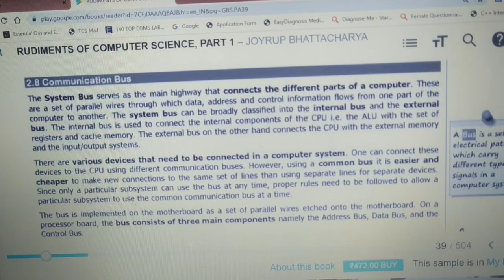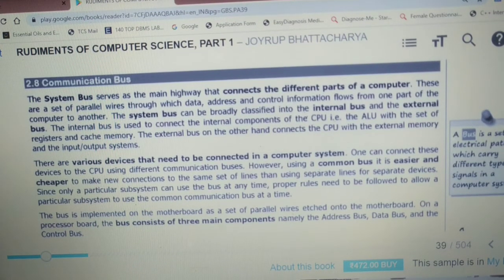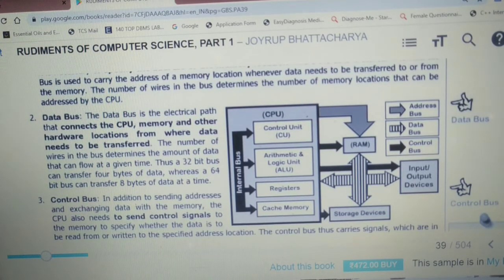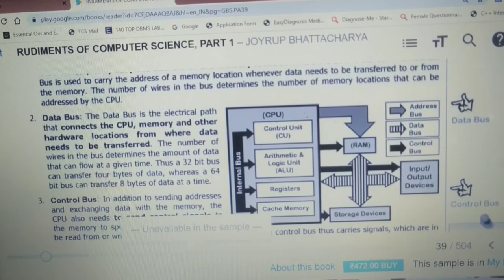Various devices are required actually. Just have a close look at this structure first. From the CPU different buses are connected with the storage device and with the input output device. This is a picture I am explaining, where different buses are there.